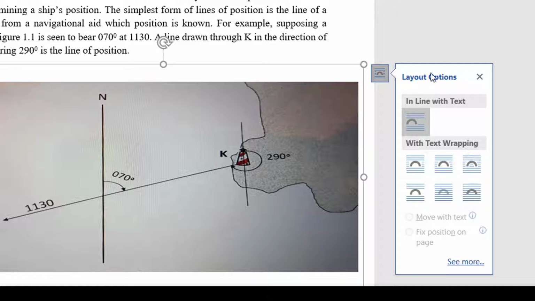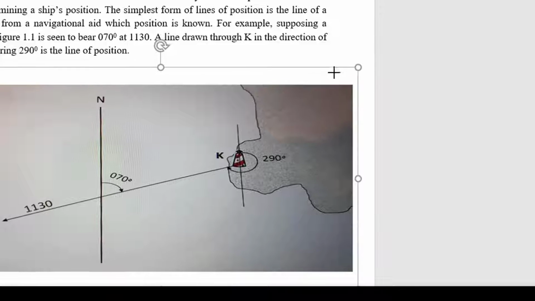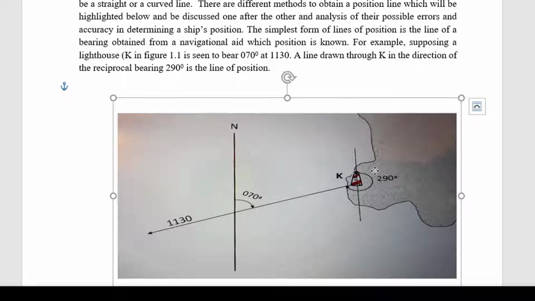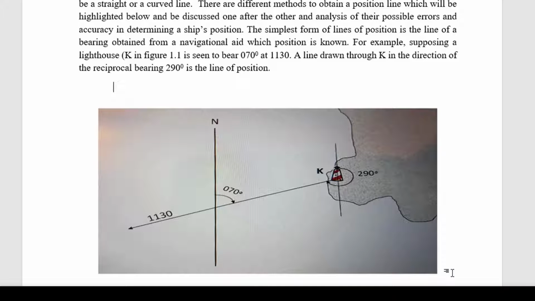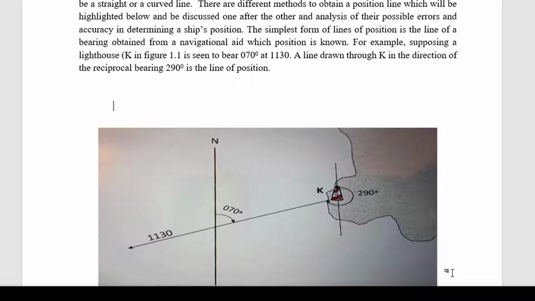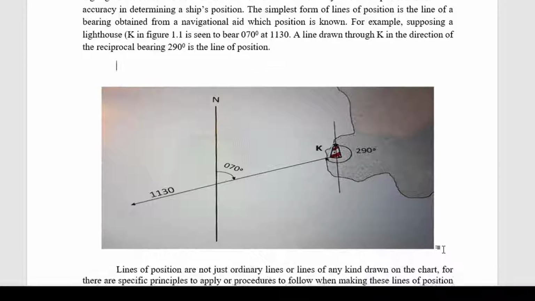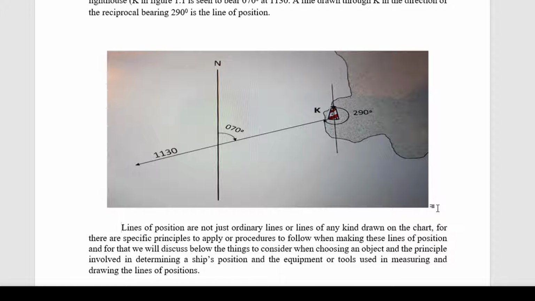Then for the layout options, go to top and bottom so that the text won't mix up with the image. And you can resize the image as well to make it look good and drag it to the center. Some images you just have to click the image and align center and it will be centered in the middle.